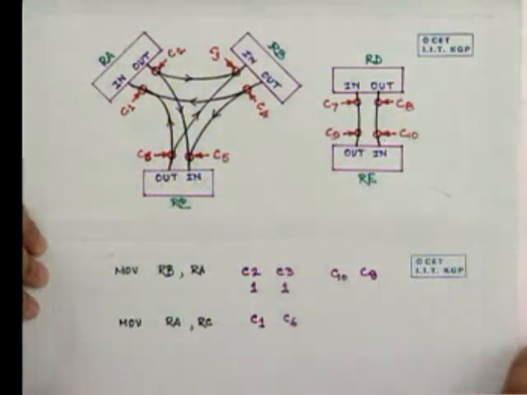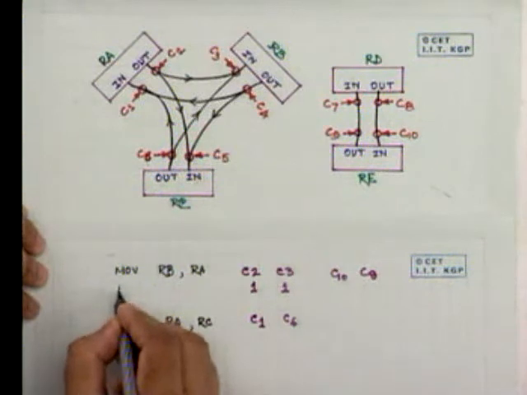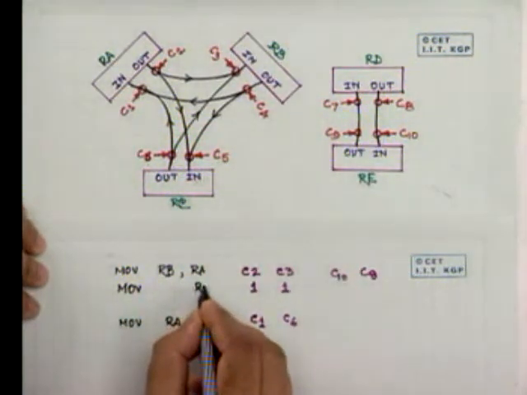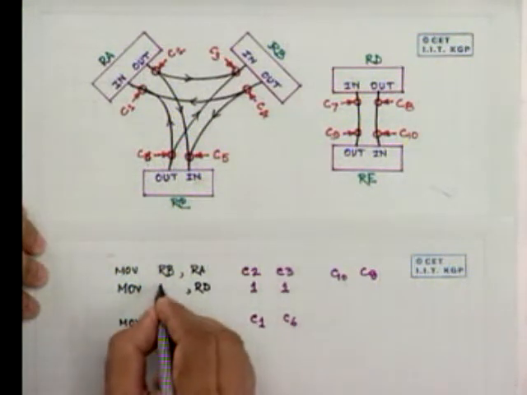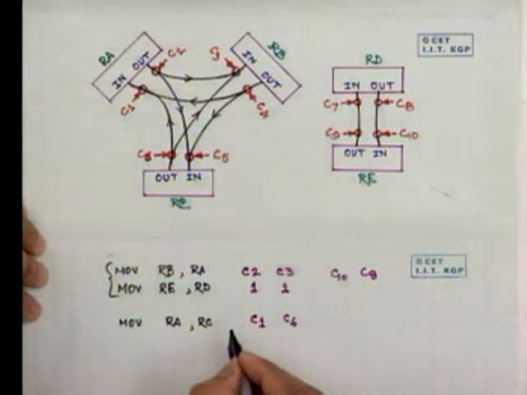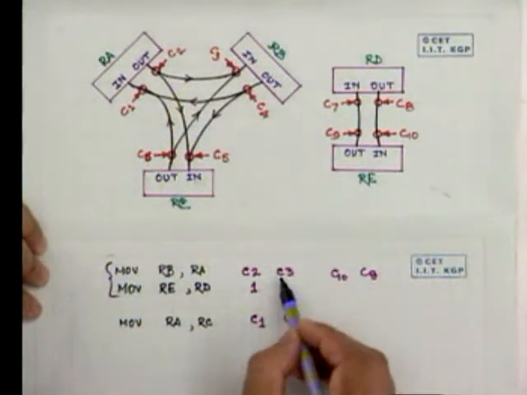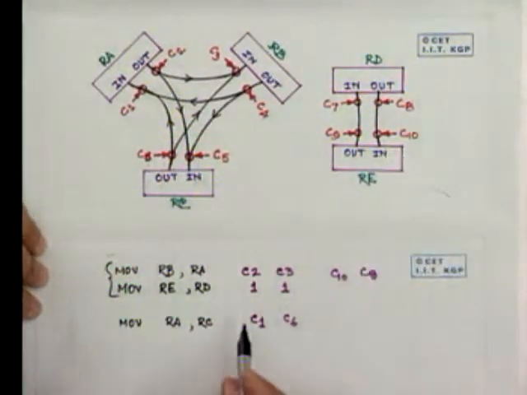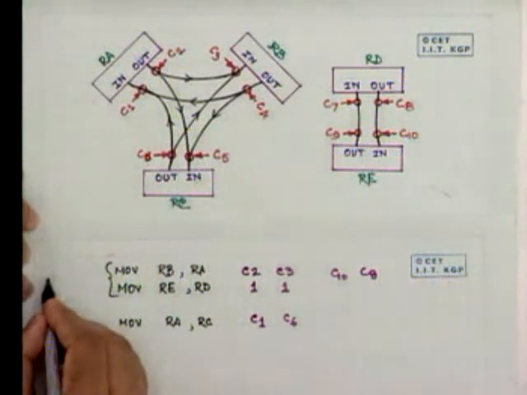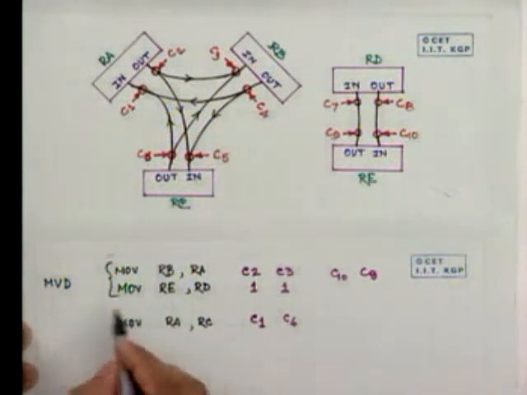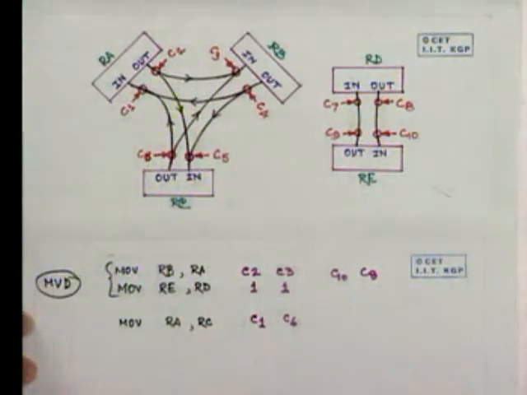Therefore, say move RA to RB and move RD to RA can be simultaneously performed by opening gates C3, C2 and gates C8, C10 simultaneously, and possibly we can name this move double RARB RDRE as if it is a single instruction.